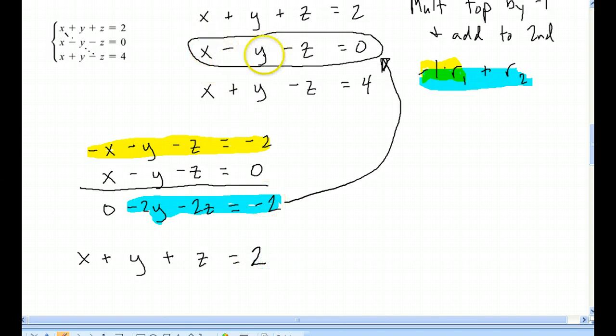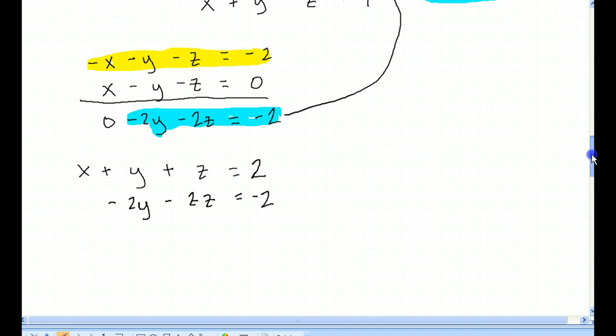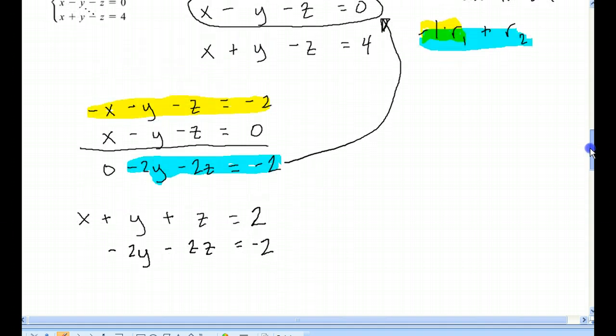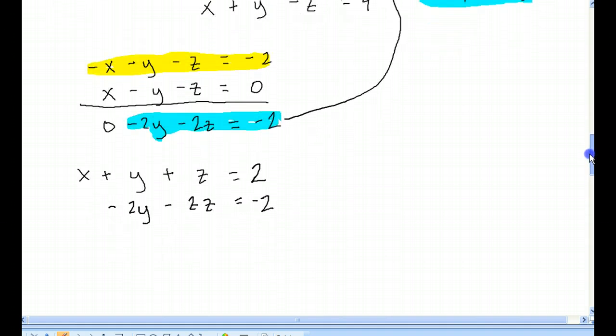Alright, and then x minus y minus z equals 0 is replaced with negative 2y minus 2z is equal to negative 2. Alright, and then we just keep the bottom row as it was. X plus y minus z equals 4.